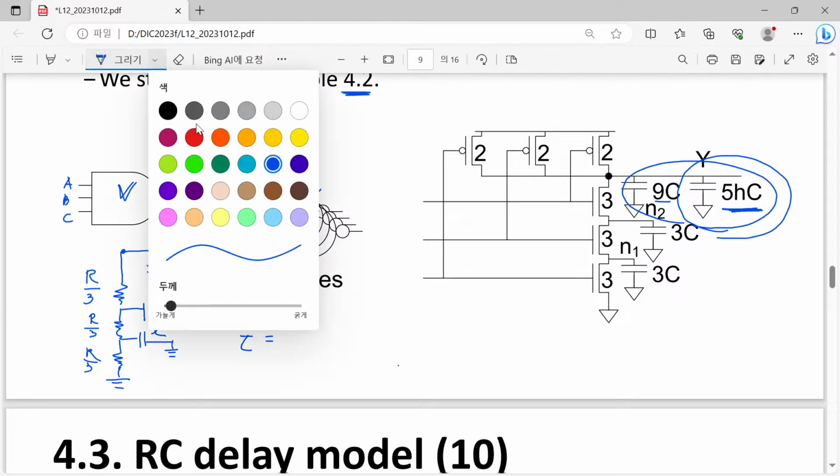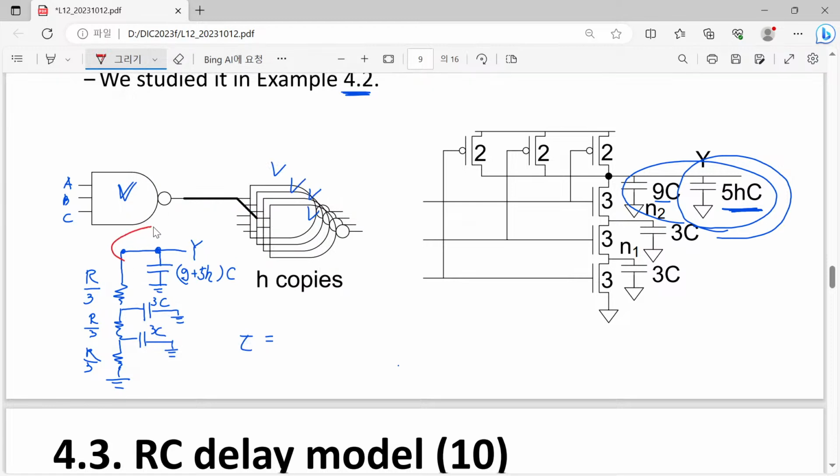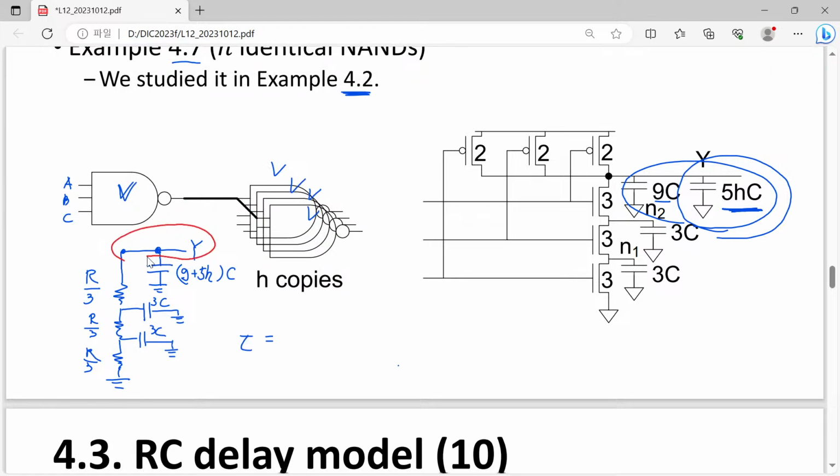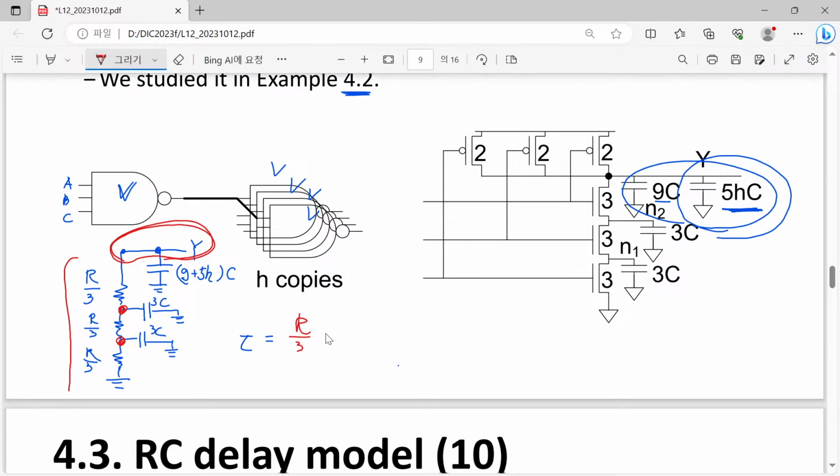Please note that once again we are talking about the propagation delay of this output node. So we have to find the path this way, and internally we found these two nodes.